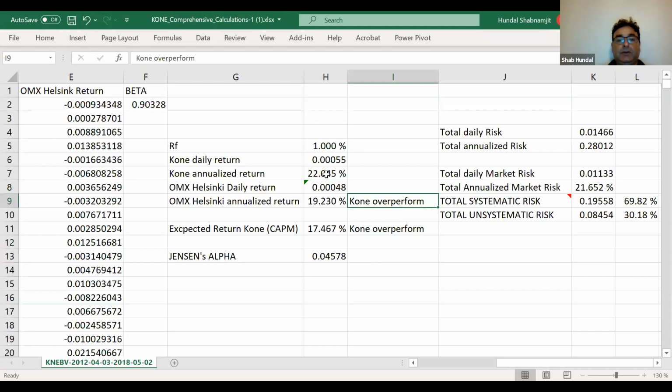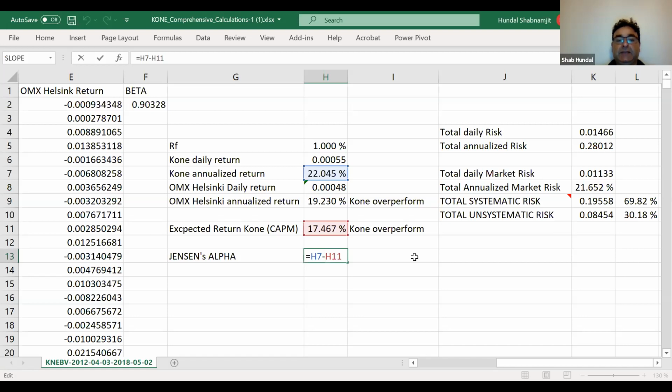In other words, when we see the actual performance of the company with the market performance, we make a judgment, but we also need to know the capacity of the company. The company's capacity as per the theory was 17.467, but the company generated more return. The difference between the actual performance minus the expected performance is called Jensen's Alpha.